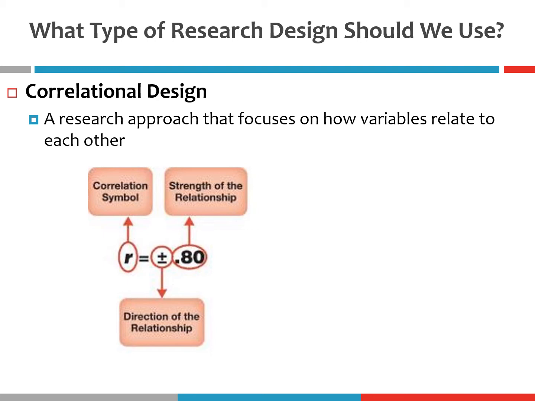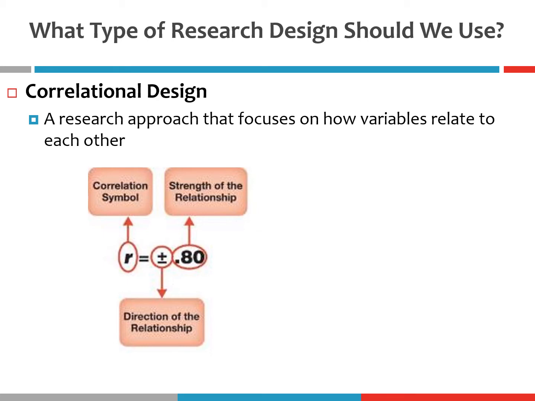All we're talking about with a correlational study is a relationship. We do not know the direction of the relationship, and we don't know anything about causality, right? So we're just trying to determine if there is an association between two different variables, right?